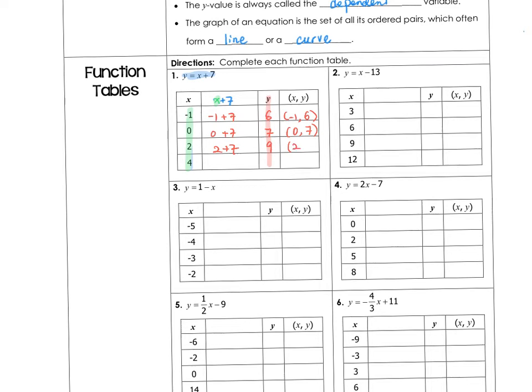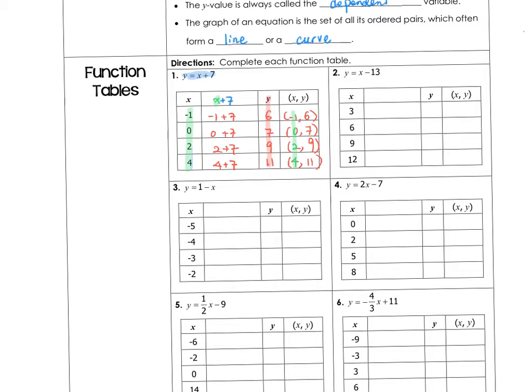So I have (2, 9). And finally, 4 plus 7, wherever I have x, I replace it with the green 4. I land on the red 11. So it's (4, 11).